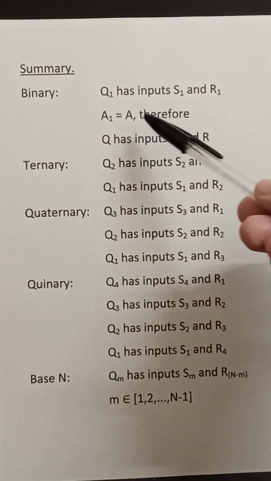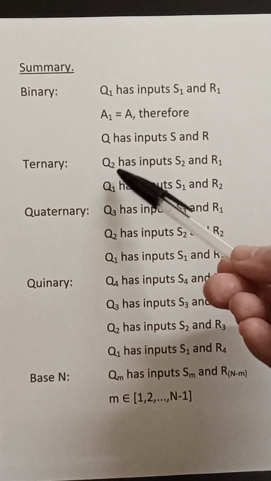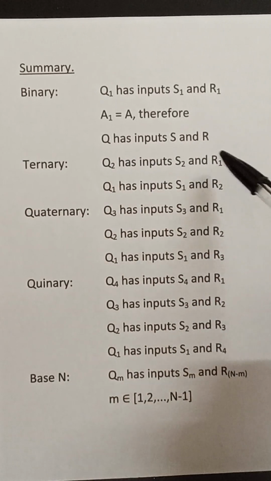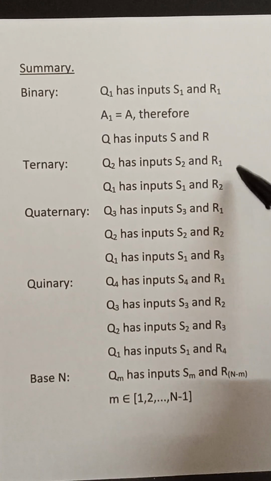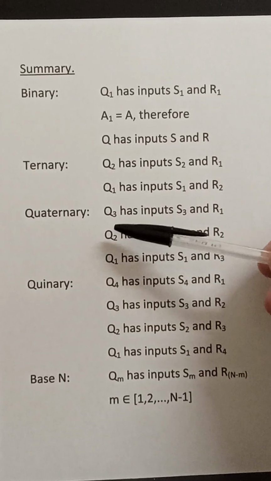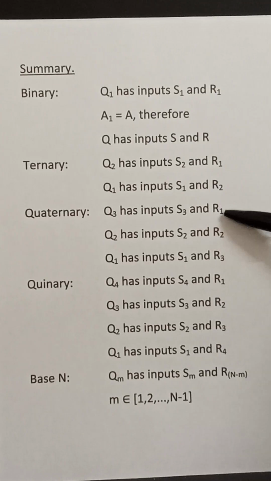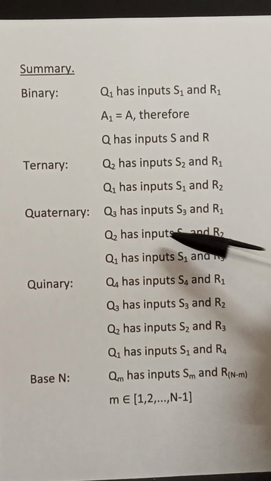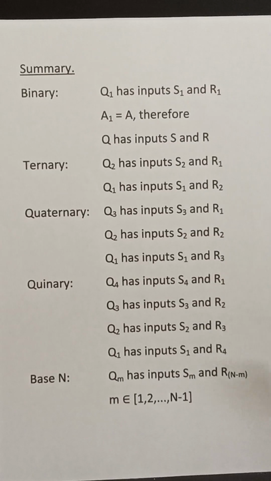So A1 equals A, therefore Q has inputs S and R. That's the binary NAND configuration. Ternary, Q2 has inputs S2 and R1. Q1 has inputs S1 and R2. That's the binary NAND configuration again. Quaternary, Q3 has inputs S3 and R1, Q2 has inputs S2 and R2, and Q1 has inputs S1 and R3.